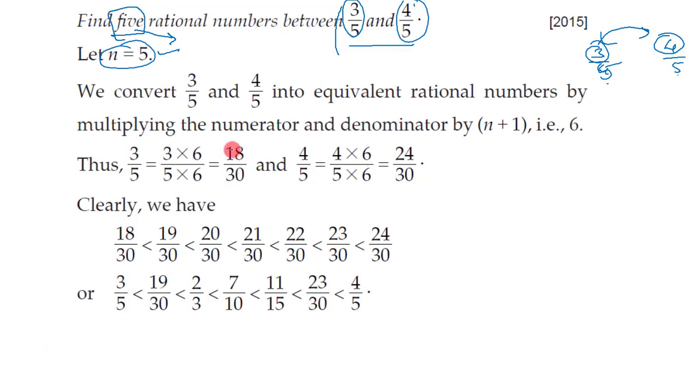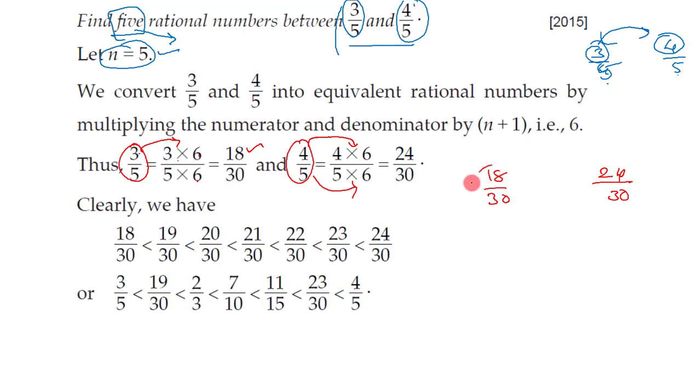So the first rational number 3 by 5, multiplied by 6 by 6, gives 18 by 30. The second rational number is 4 by 5, and multiplying the numerator and denominator by 6 by 6, you get 24 by 30.